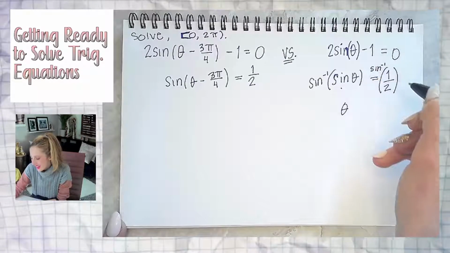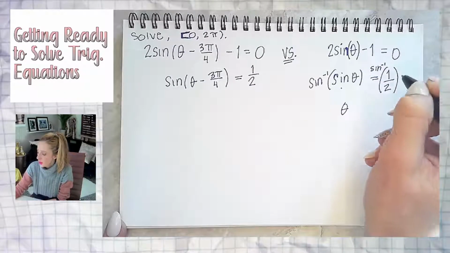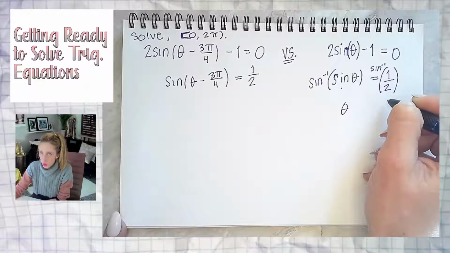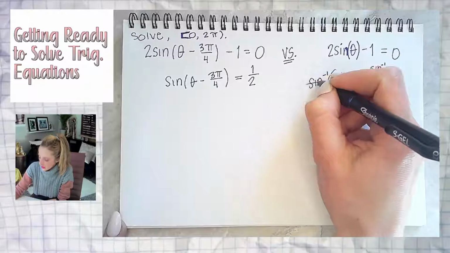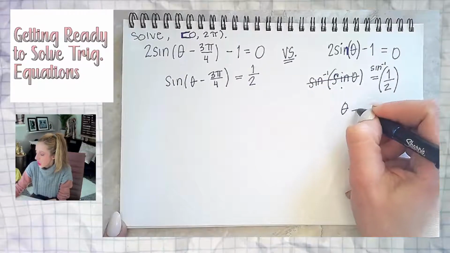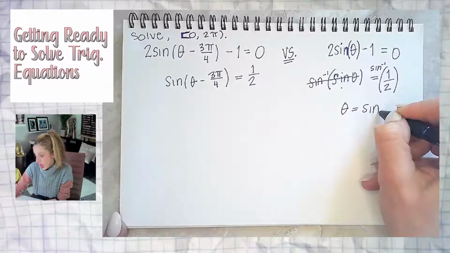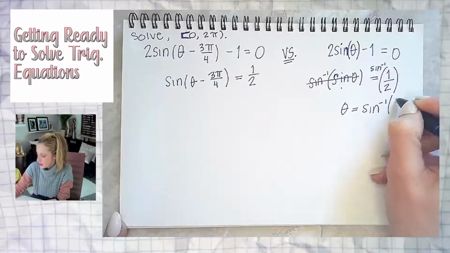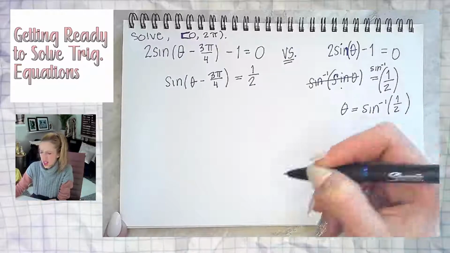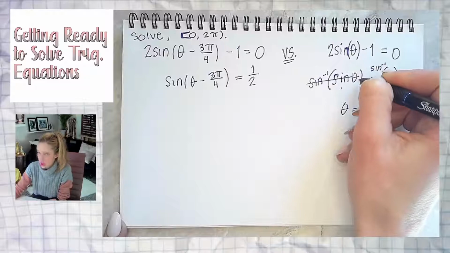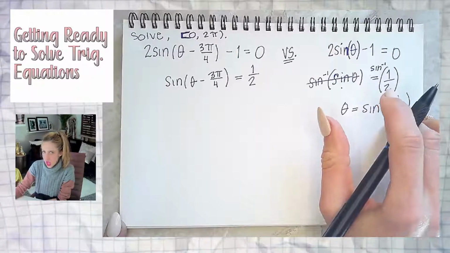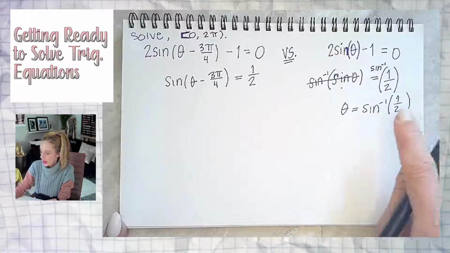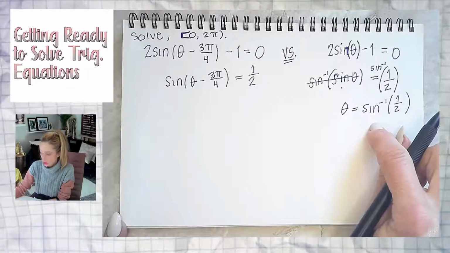We don't really need to write this step because these are answers we know from the unit circle. That would leave theta equals the sine inverse of what angle or angles equals 1/2. So it's still asking the same question you could just ask yourself. But if it's not on the unit circle, you would need a calculator.